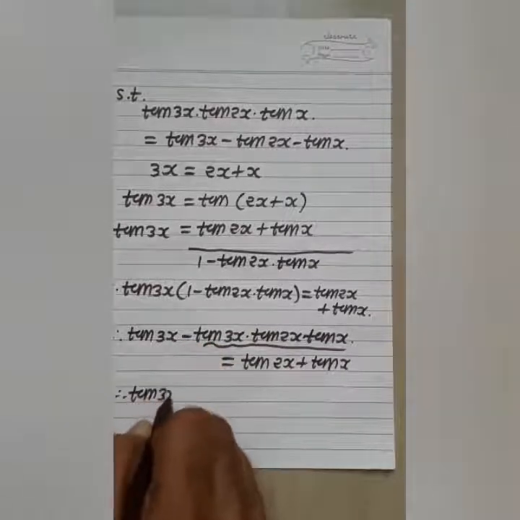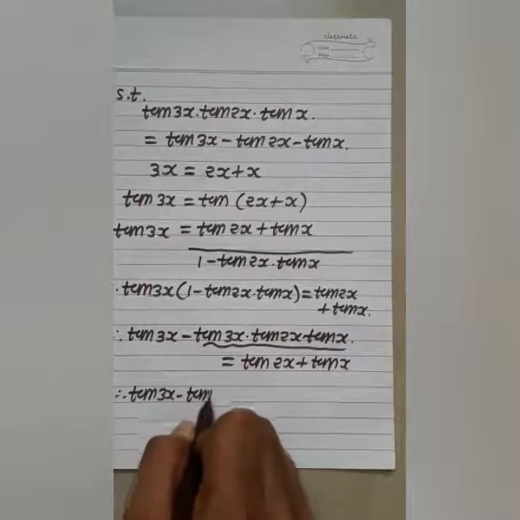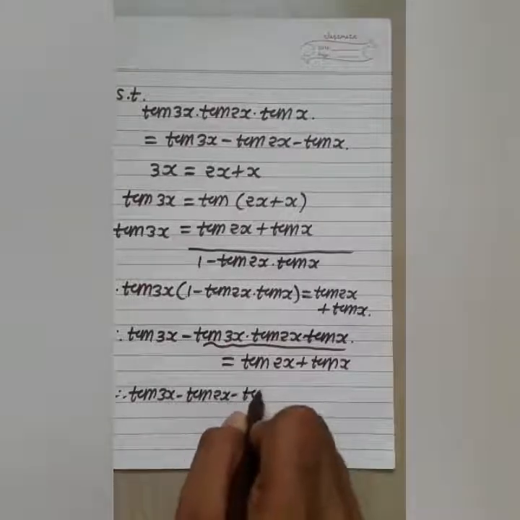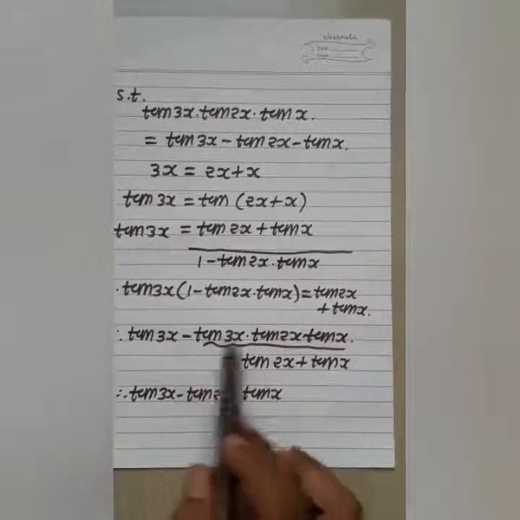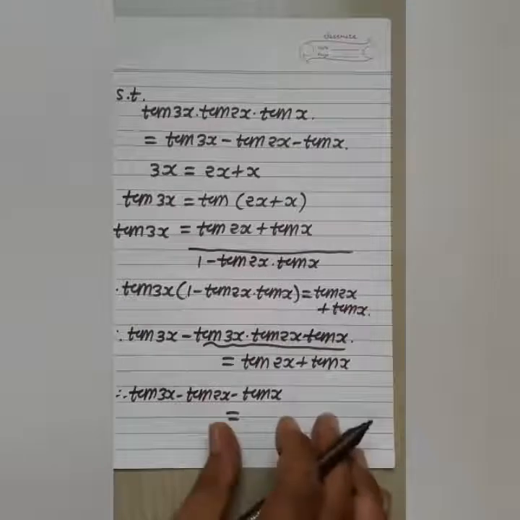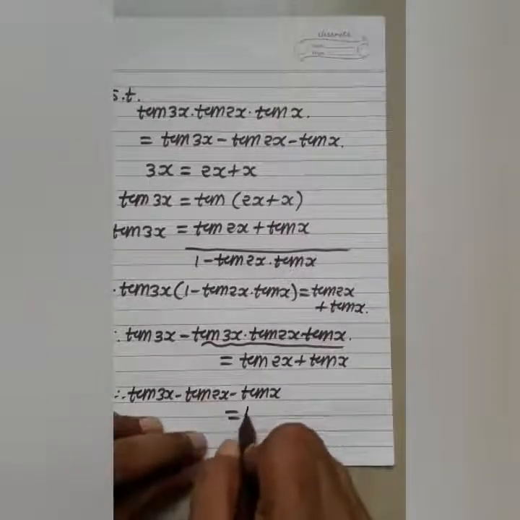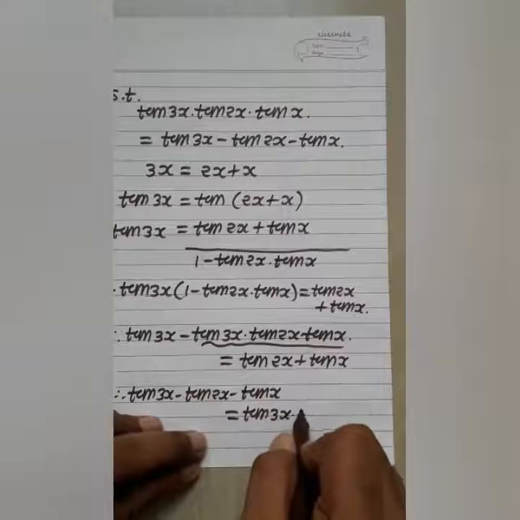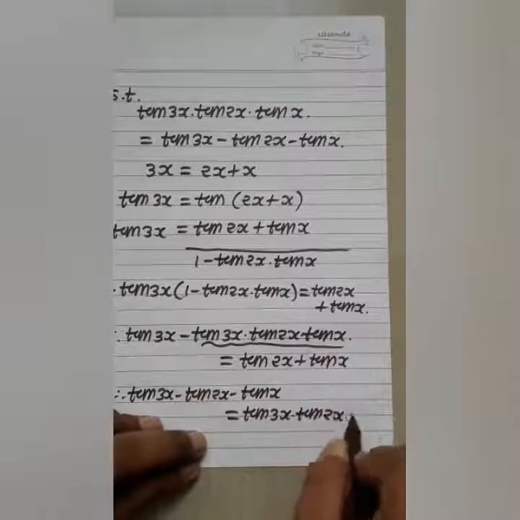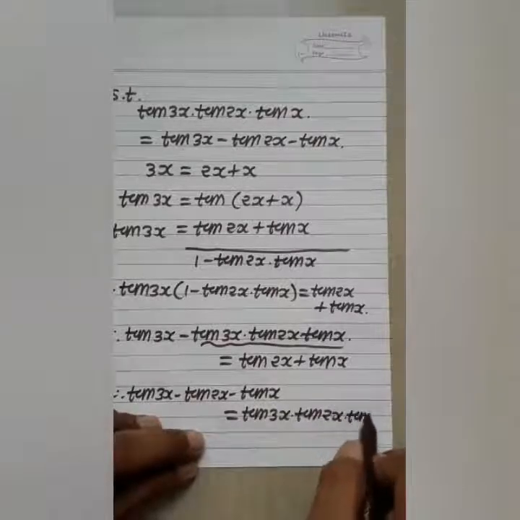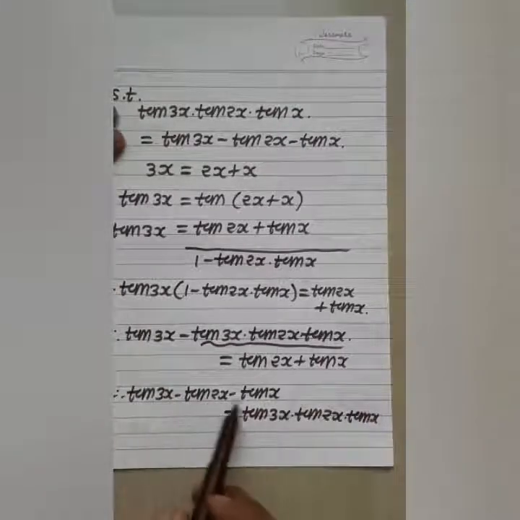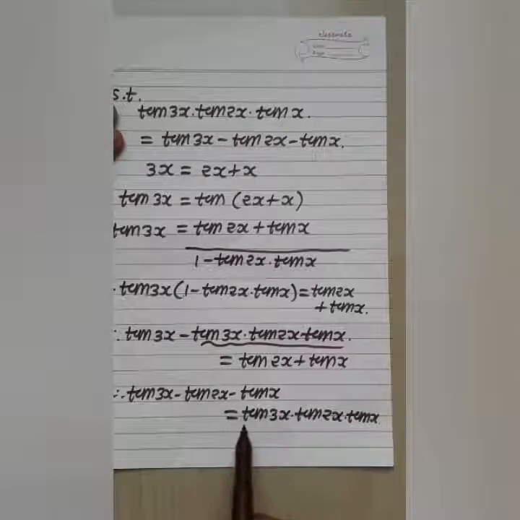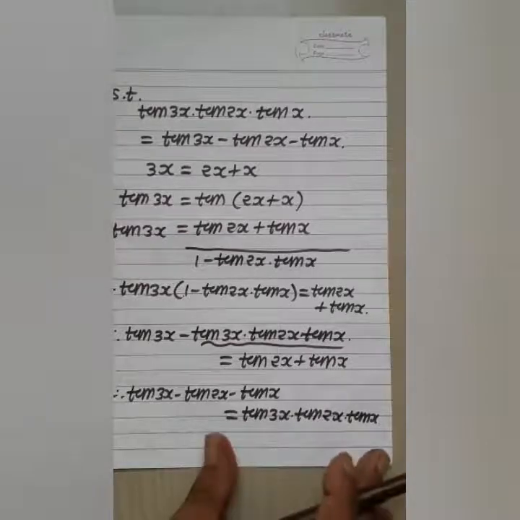So tan 3x minus tan 2x minus tan x is equal to this negative term, which we can write on the opposite side: tan 3x into tan 2x into tan x. So our proof is tan 3x minus tan 2x minus tan x is equal to tan 3x into tan 2x into tan x.